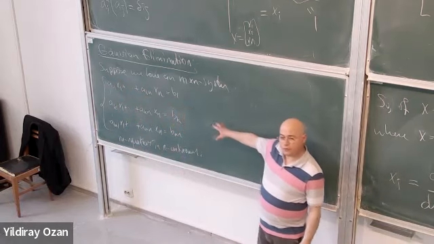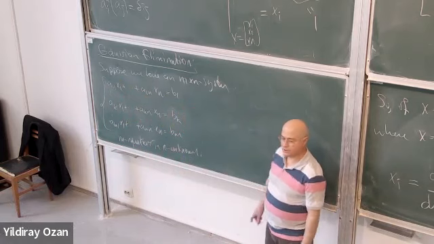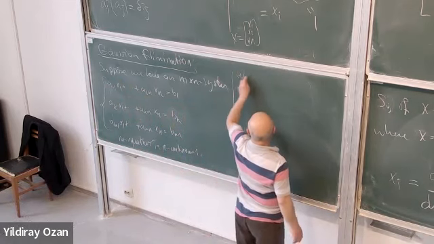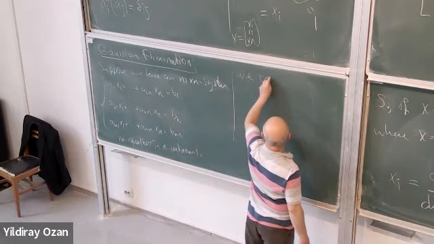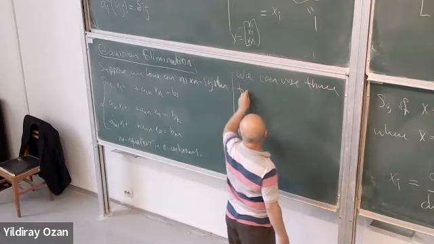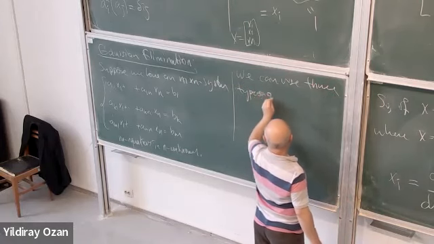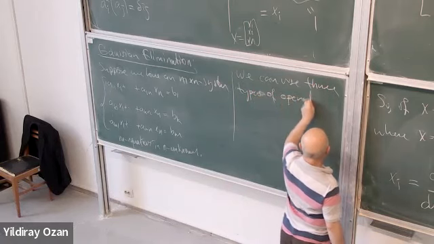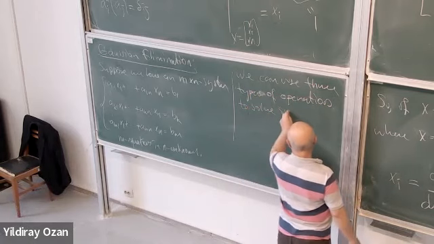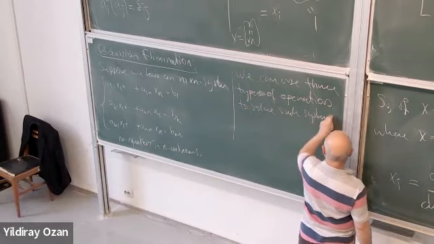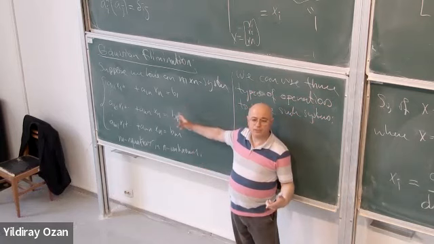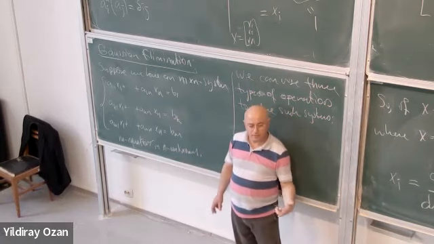We are allowed to perform such operations. What are they? We can use three types of operations to solve such systems. We can multiply an equation by a non-zero scalar.